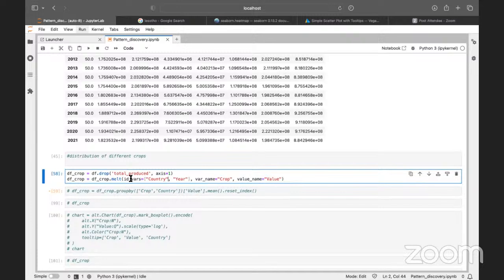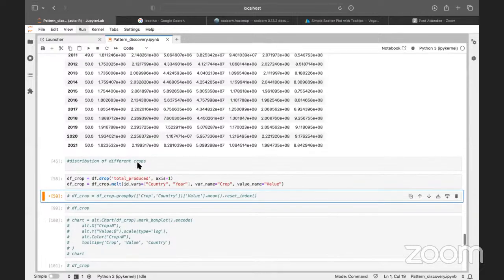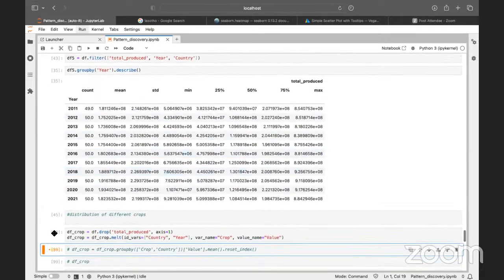So yeah, we go ahead, and I talked about this in the last class, where I want to convert this to a form that we can easily use.